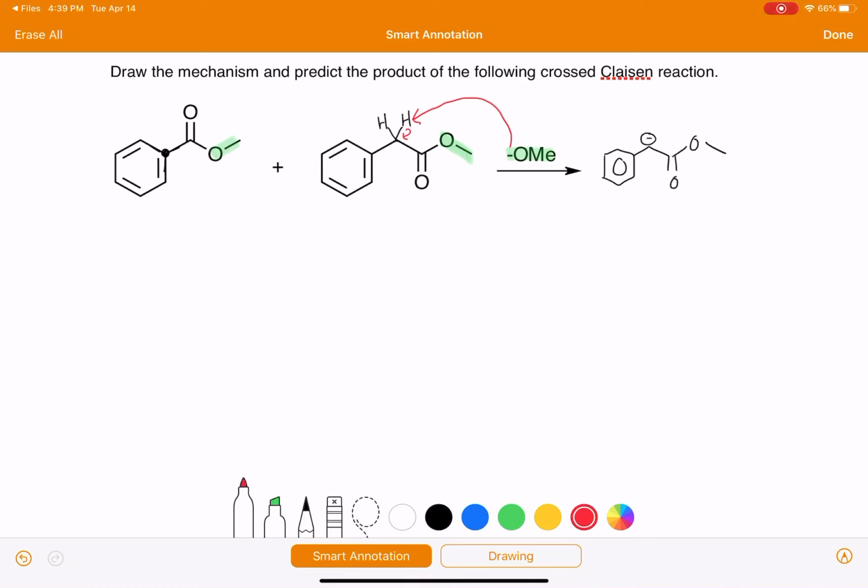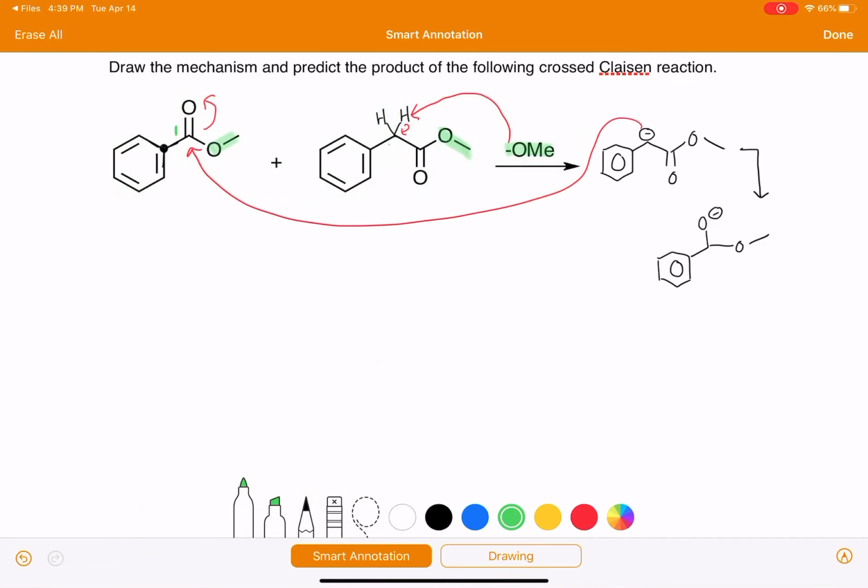And the product that we get from that, I'm going to draw that ester with its carbonyl group opened up because it just got attacked. I better put some numbers on these carbons. I'm going to make that one carbon number 1, and I'm going to make this one 2 and 3. And so this is carbon number 1. That's the one that got attacked.